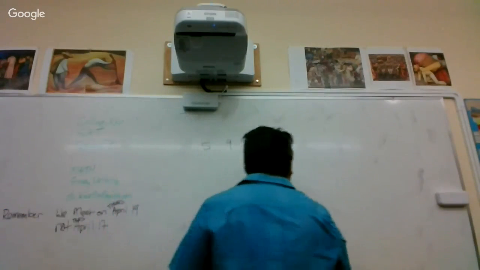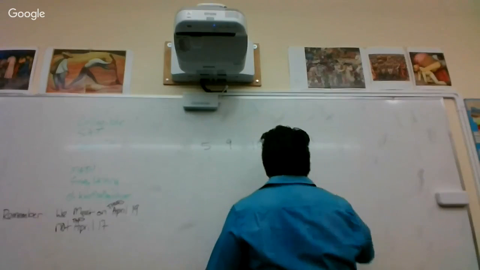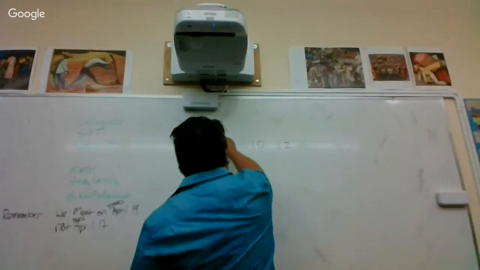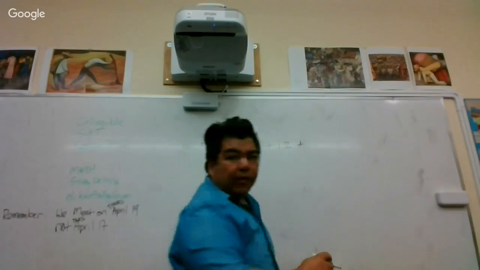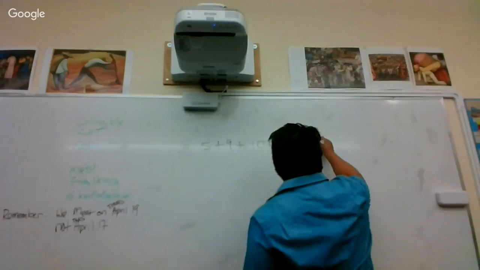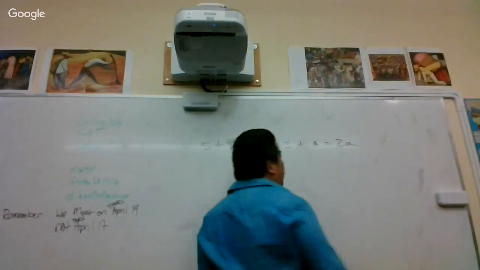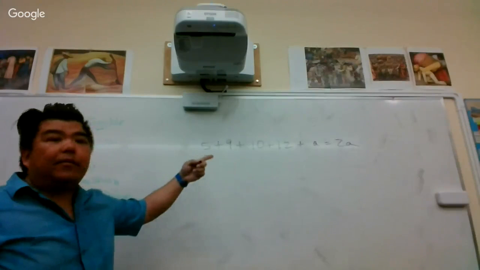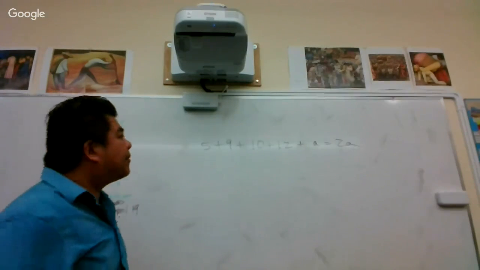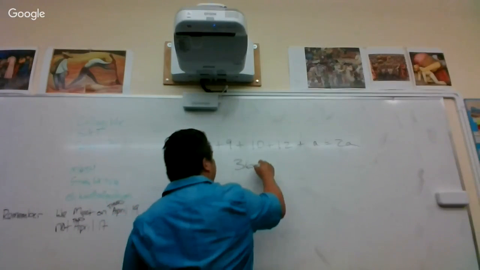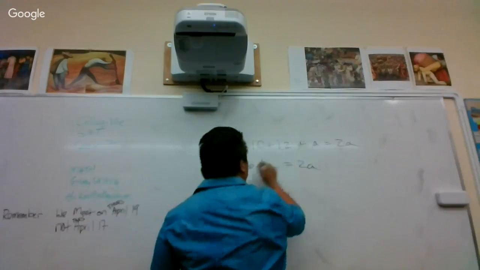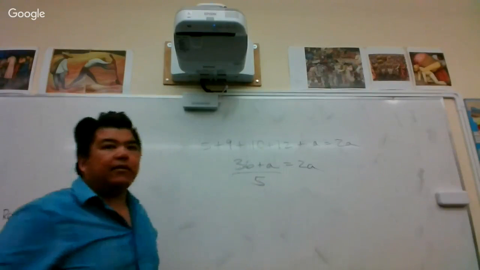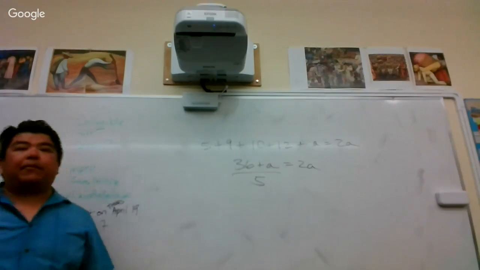I think the first thing I would do is add the numbers together and see what that is. 36 plus A. And then you added it up, it's 36. So we know that you have to divide by 5. Yeah, that's what I meant. You have to divide by 5.